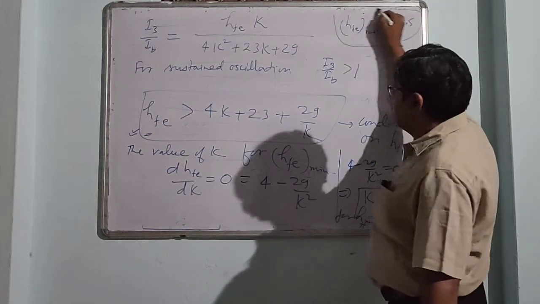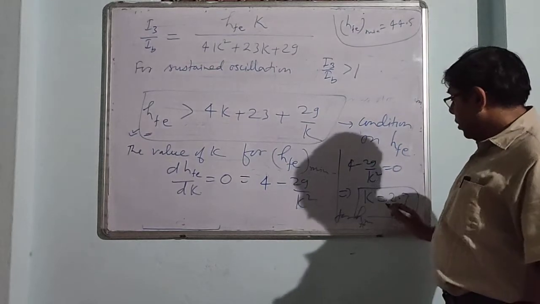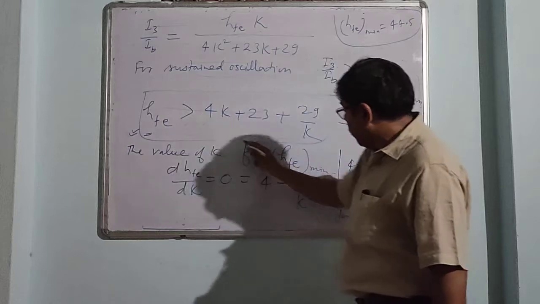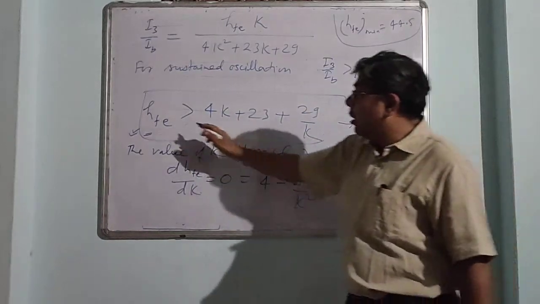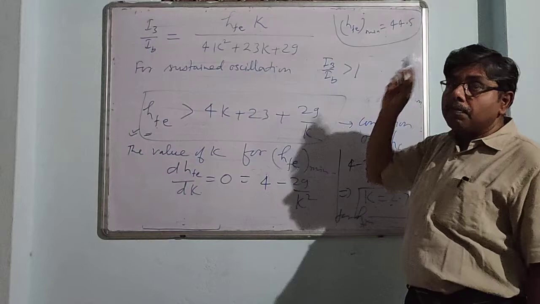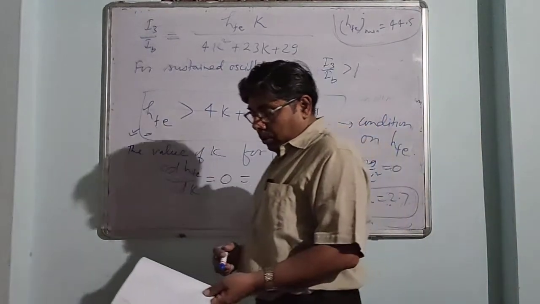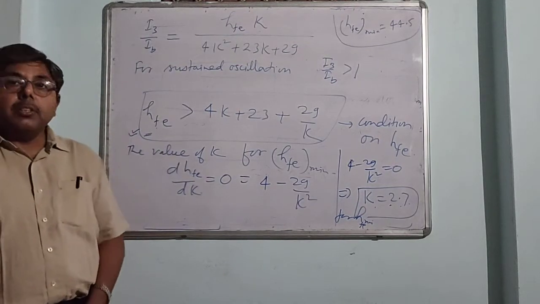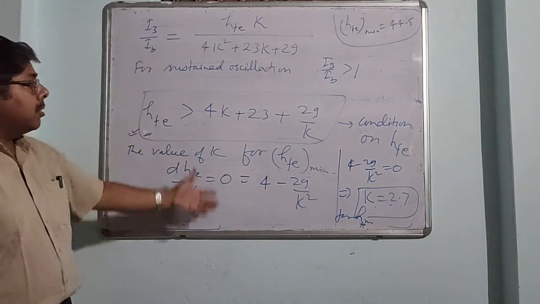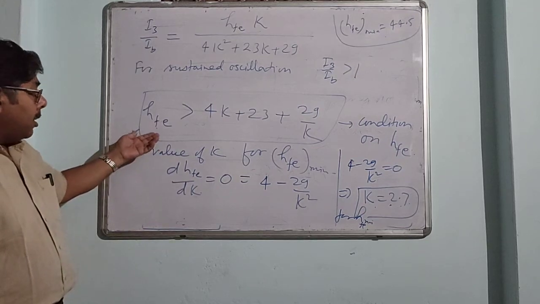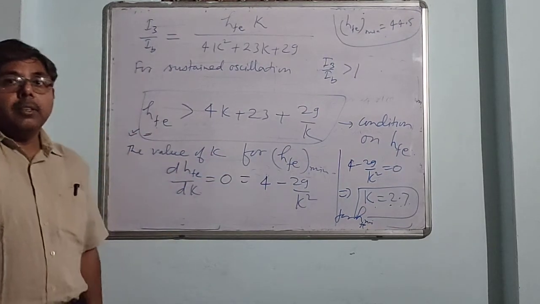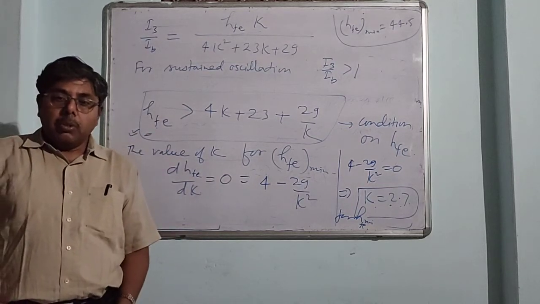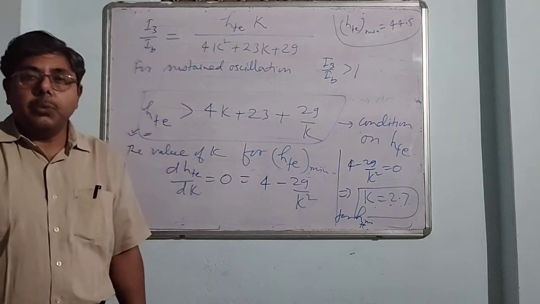You can also check this from here. So this is all about derivation of frequency of oscillation and conditions on hFE, condition on K. So this is all about RC phase shift oscillator using BJT.